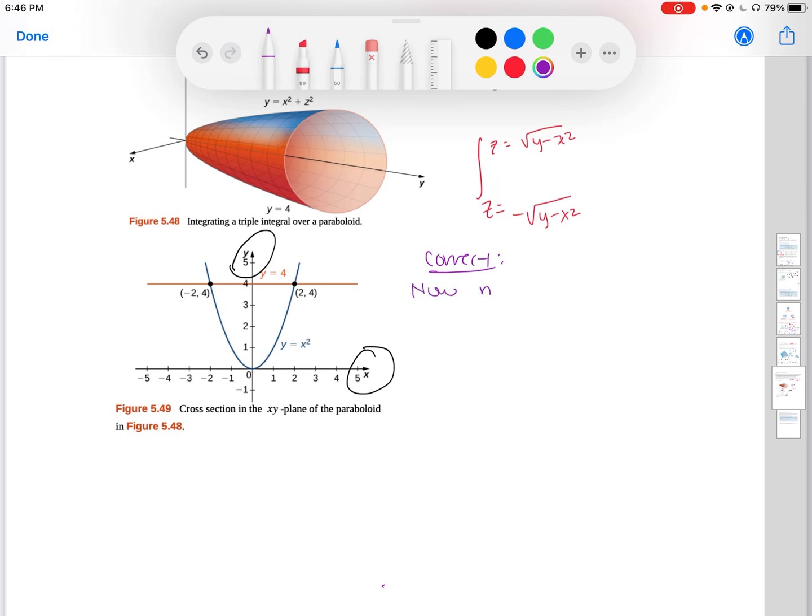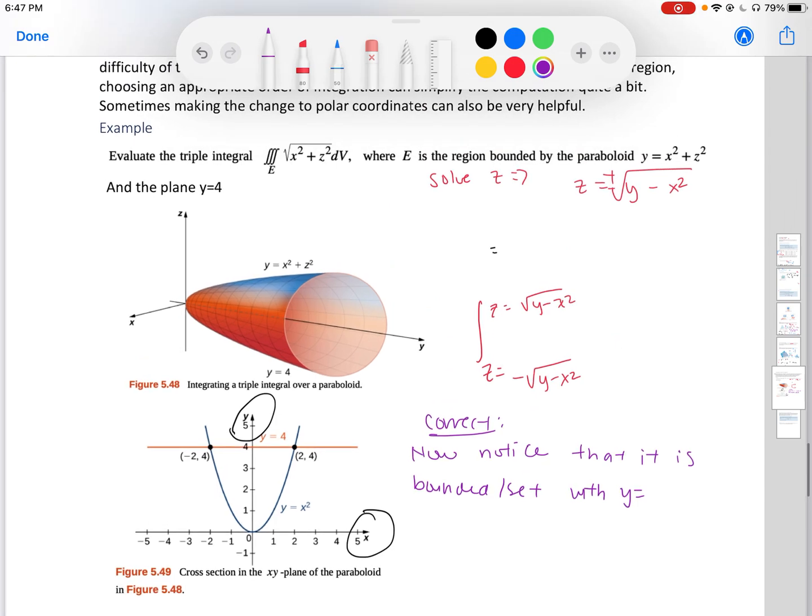So now, notice that it is bounded or set with y equals. I'm talking about equations.